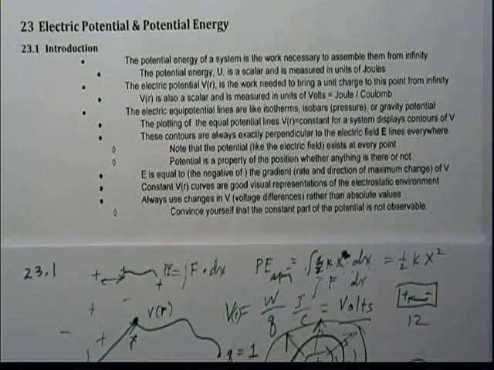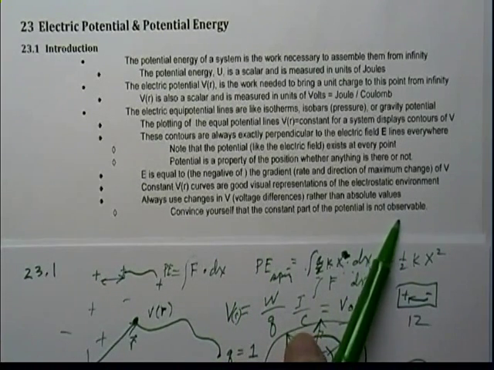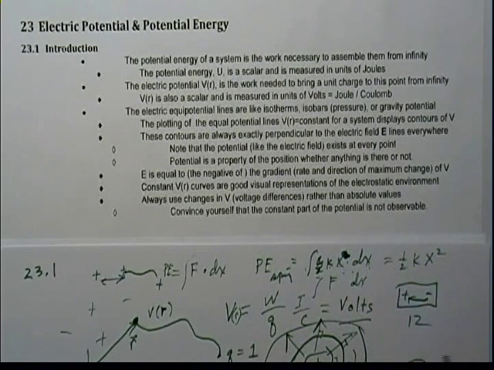For a battery, that's going to be 12 volts. What you should do is convince yourself that the constant part of the potential is not observable. That's why you're only going to be dealing with changes in the potential V. And we'll see how that plays out in just a moment.